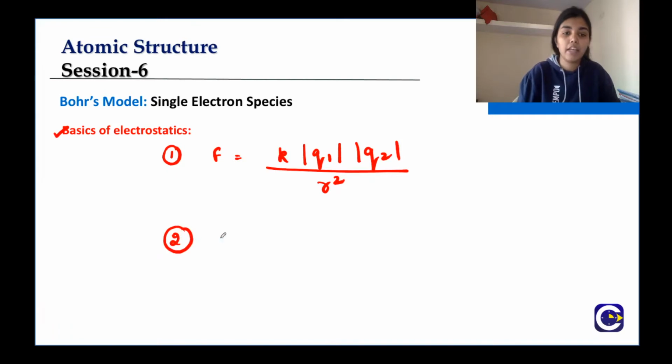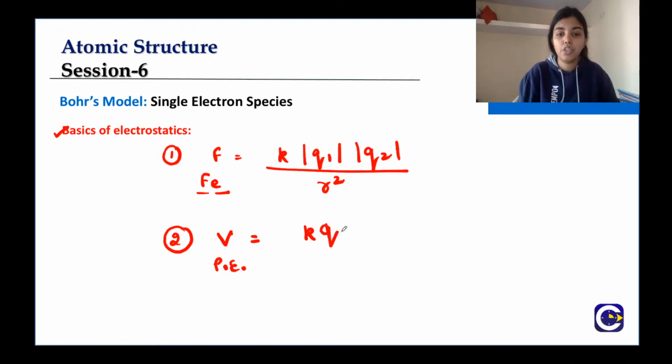And the second thing, potential energy is given as what? This is not velocity, this is potential energy. This is electrostatic force of attraction, and this is potential energy, will be given by K into Q1, Q2 divided by R. Remember the difference? Here mod is there and here mod is not there, right?